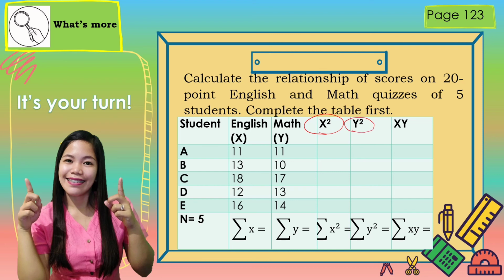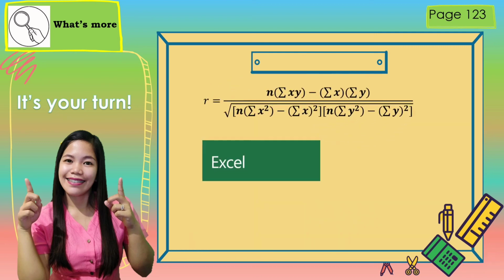And for the last column, we have the XY column. And complete all the summation for every column. You will use the formula of Pearson's r, and you can check your answers using the Excel.